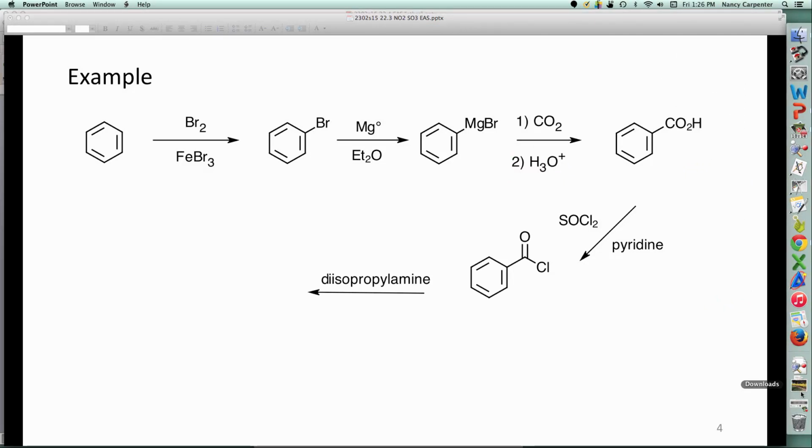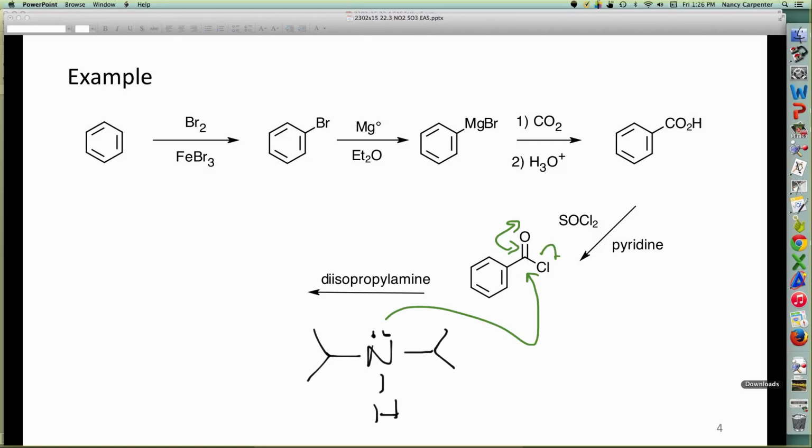Acid chloride then reacts with a nucleophile. I think that this is an amine that has two isopropyl groups on it. Diisopropylamine. That should react in an up, down, out to give me my final product.